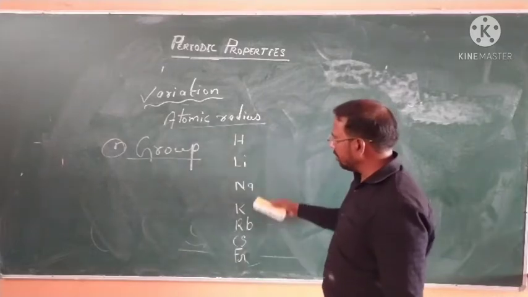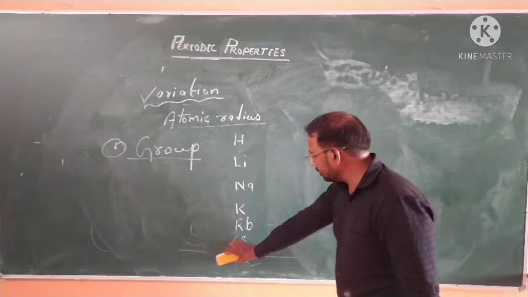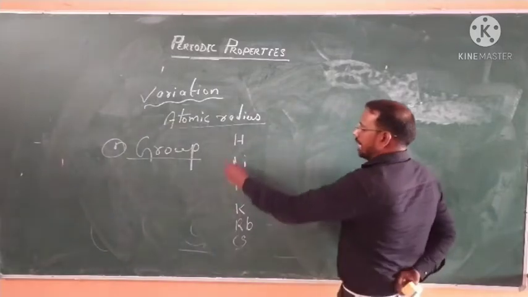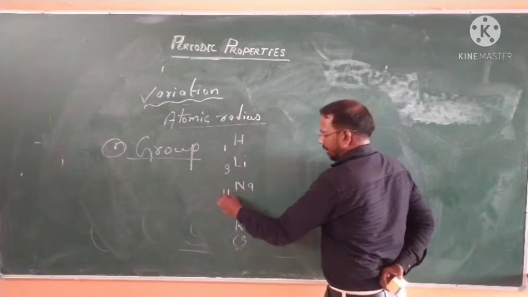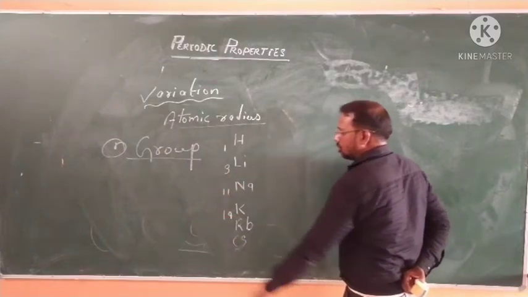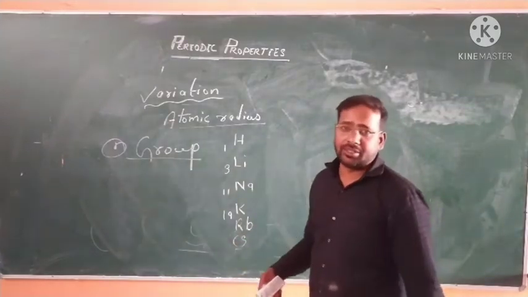I am just giving the example of these four elements. So I am going to erase it. Their atomic numbers are 1, 3, 11, 19 and so on. You can find out the atomic number of rubidium also by the magic number.